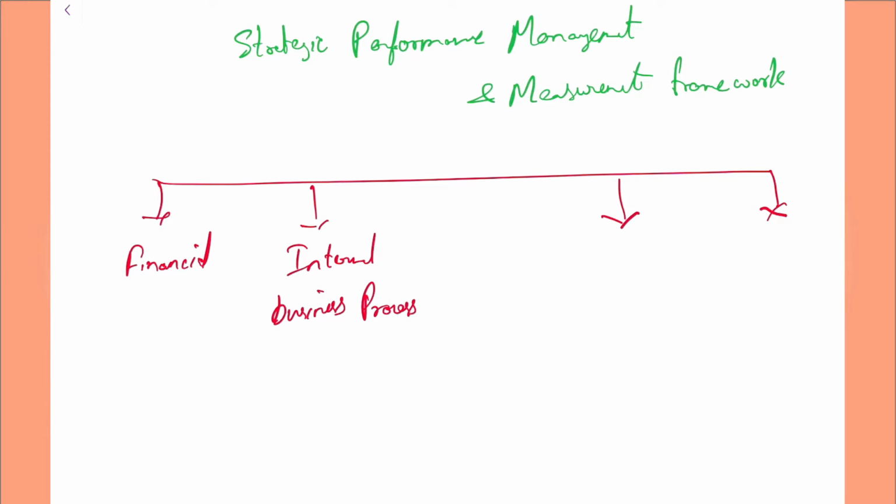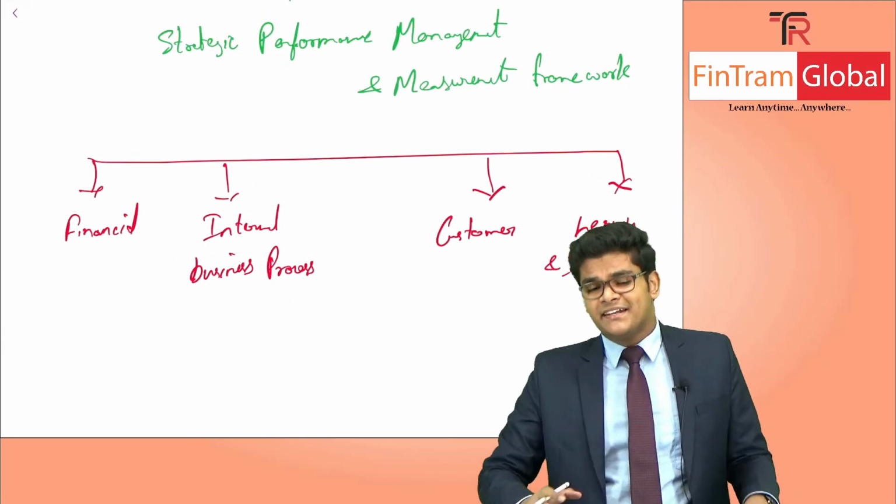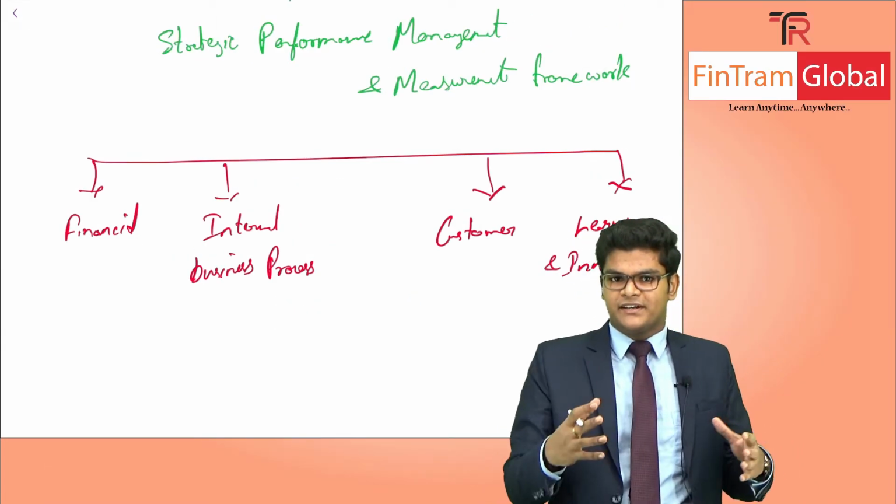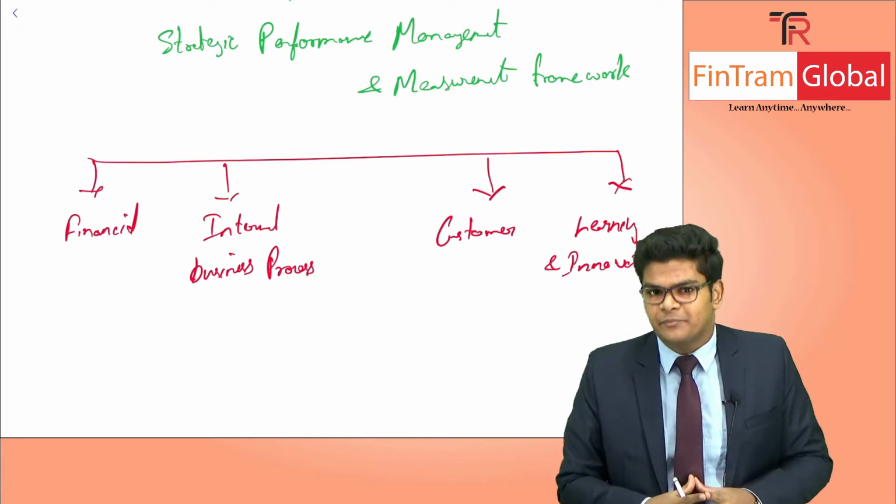And then we have the customer perspective as well as the learning and innovation perspective, isn't it? So this is basically the framework in which we conduct the performance management and performance measurement process within the organization using the balanced scorecard approach.